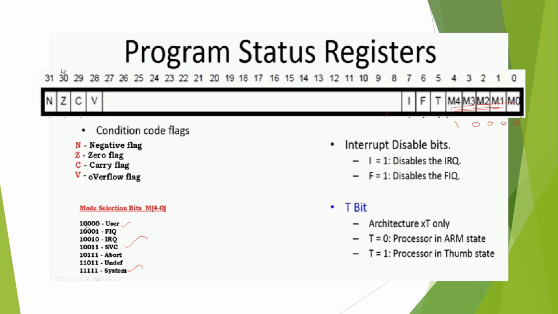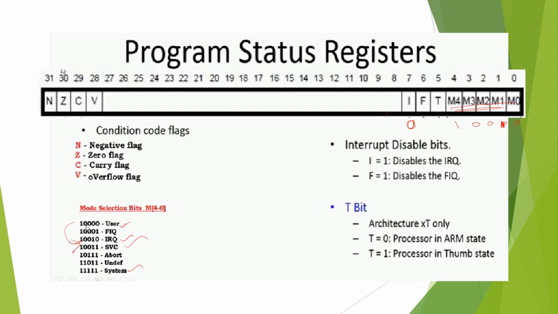And this I, F, T are interrupt disable bits. If it is 1, normal flow is going on. If it is 0, then the normal user flow should be shifted to interrupt flow. Instead of 1, it becomes 0, because normal flow is shifted to interrupt request flow.